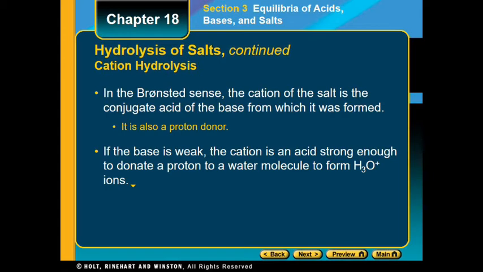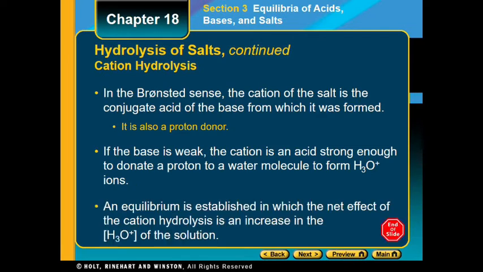If the base is weak, the cation is an acid strong enough to donate a proton to a water molecule to form the hydronium ions. Equilibrium is established so that the net effect of the cation hydrolysis is an increase in hydronium ion concentration of the solution. So we're looking at the flip side of what we've done now.